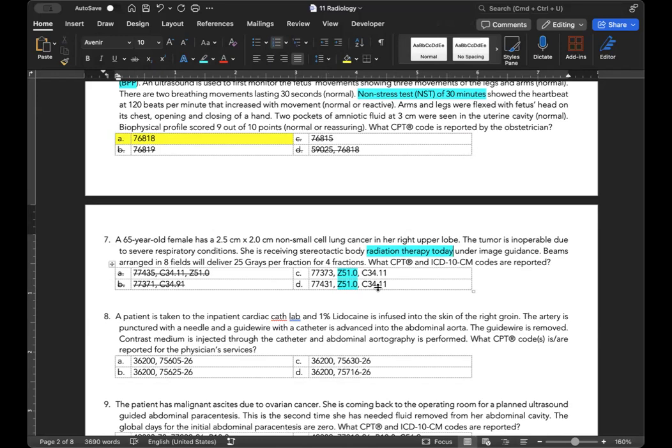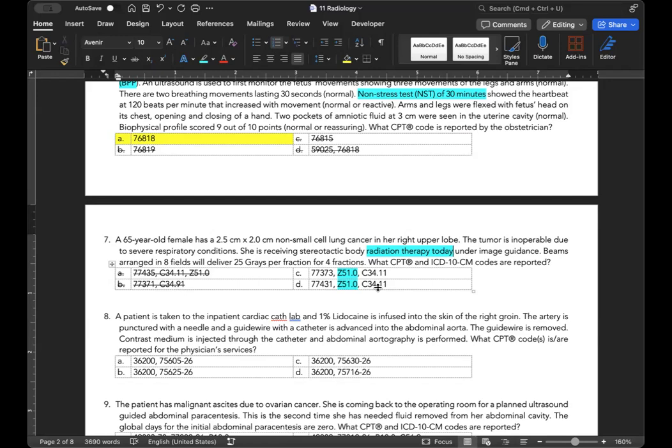So let's go look at the 77373 and the 77431. Let's go look at the differences in those. So 77373 is stereotactic body radiation therapy, treatment delivery per fraction to 1 or more lesions, including imaging guidance, entire course not to exceed 5 fractions.